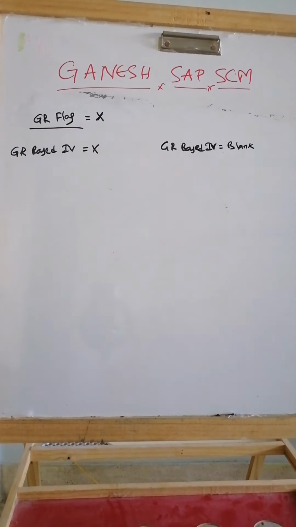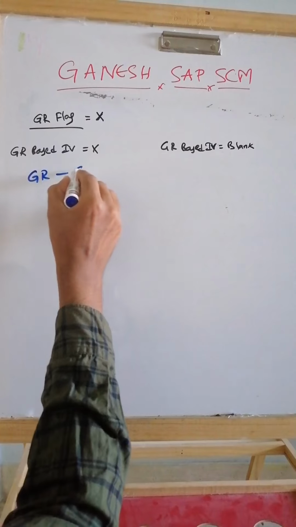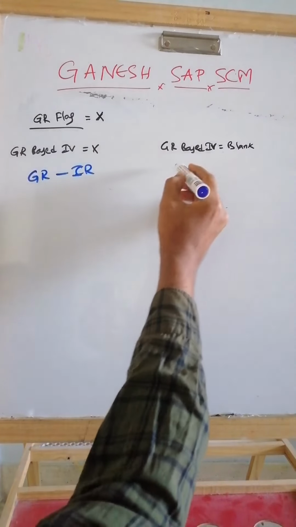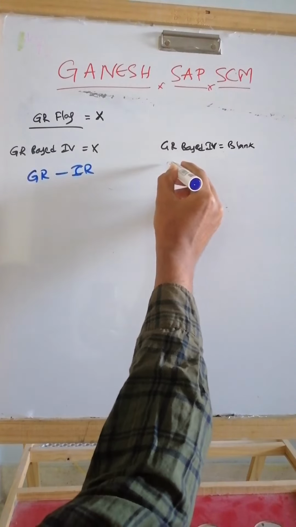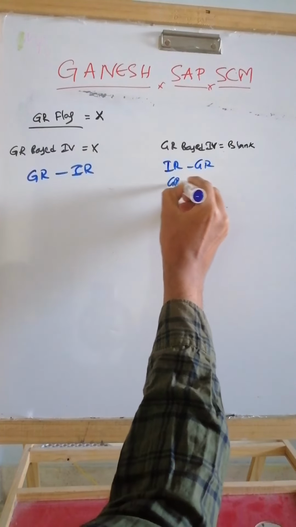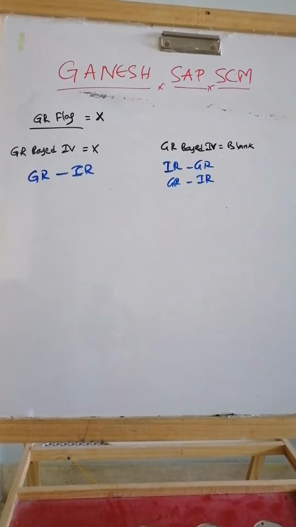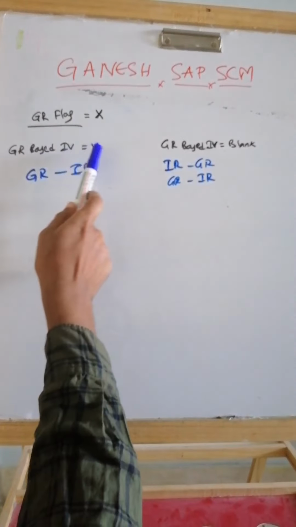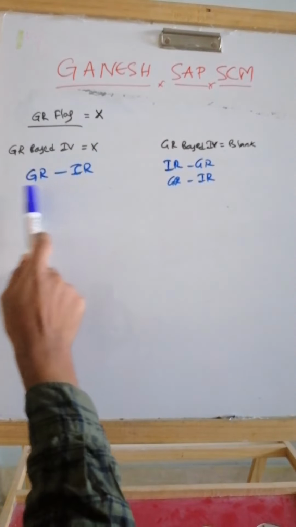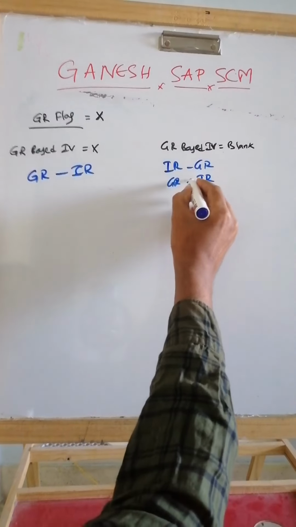The only difference is you can do first GR, and in this case GR first then IR. Here it can be IR first then GR, or else GR first and then IR. Anything can be done, okay. So that flexibility will be there if it is GR based IV equal to blank. If you have X, then you cannot do IR first then GR. So that's what I wanted to highlight.